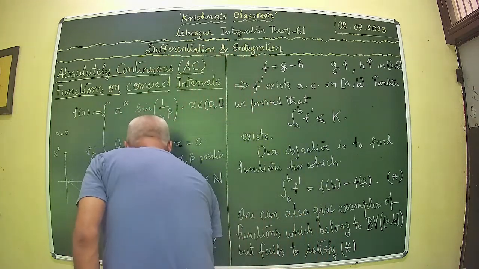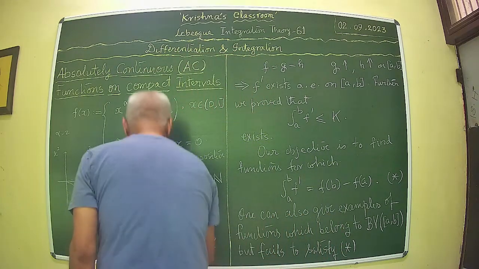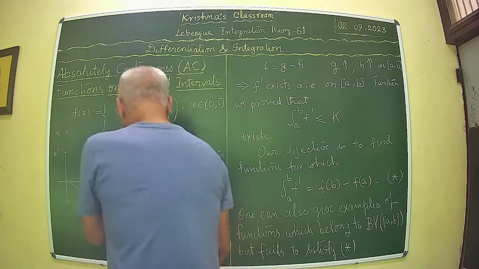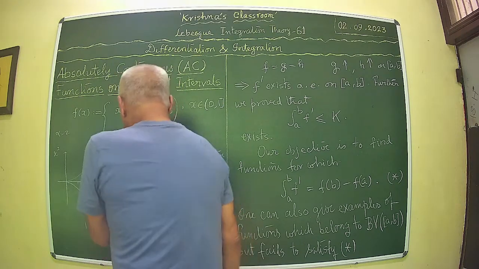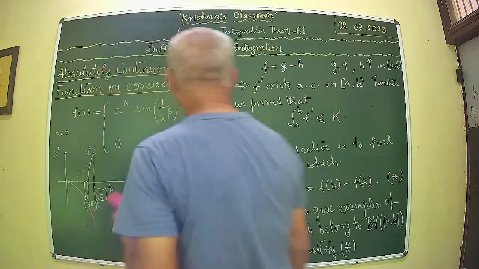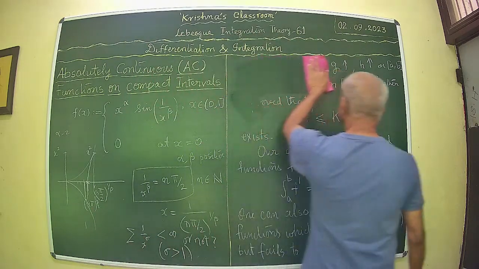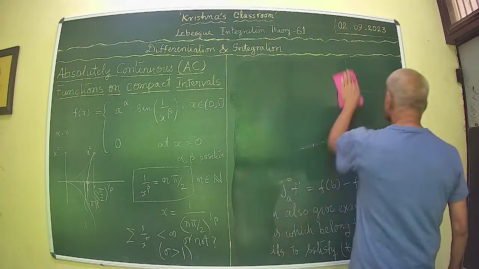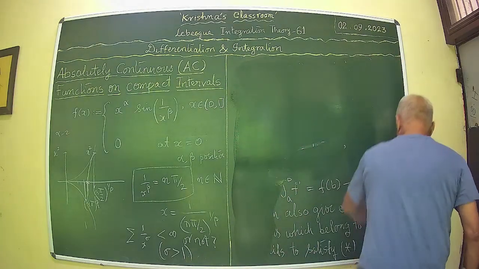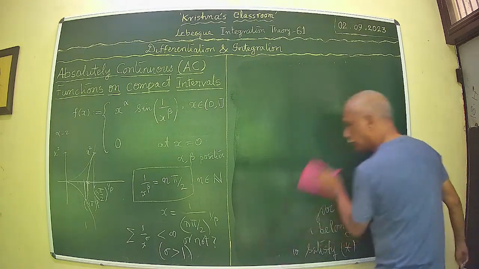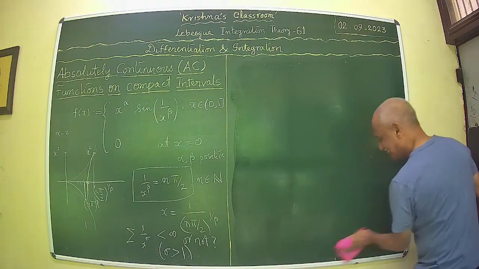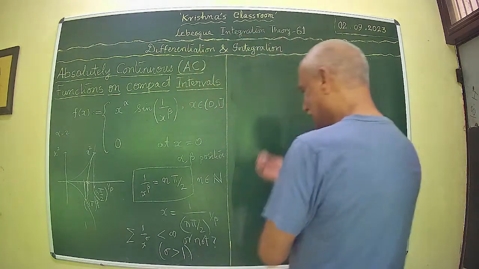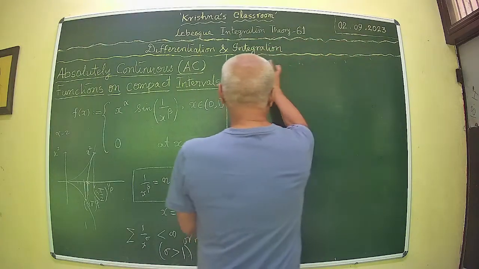If sigma is greater than 1, then you see that this sum converges. I am deliberately keeping things for you to work out, not going to the details of the construction, but just giving some hints.